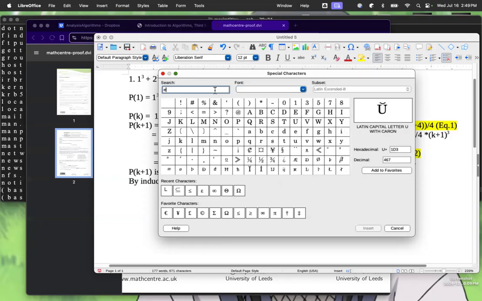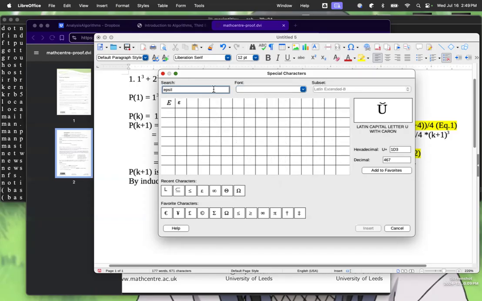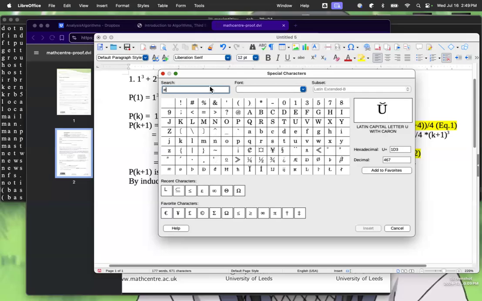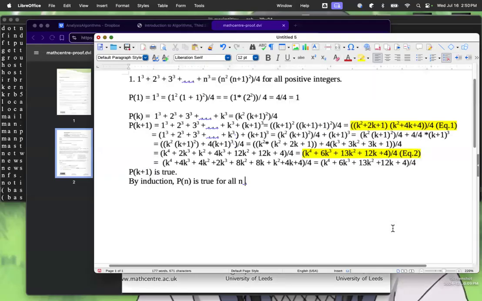Okay, I'll do it a bit differently. I'll just say belonging to Z plus, or for all n greater than 0, and n is a positive integer.